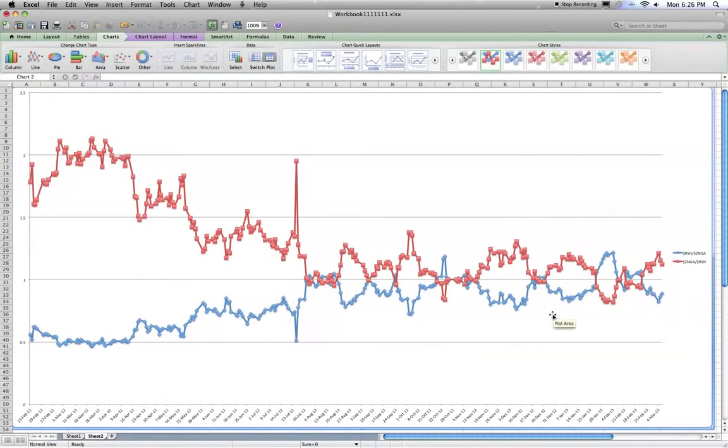Again, we take a look at our legend here, and whichever one is on top is the stock it represents relative to the other one. So this red one here is ZNGA, and the blue line represents Radio Shack. What I wanted to see is how we can profit from this.